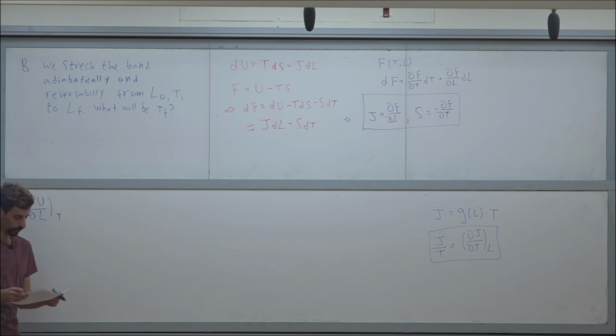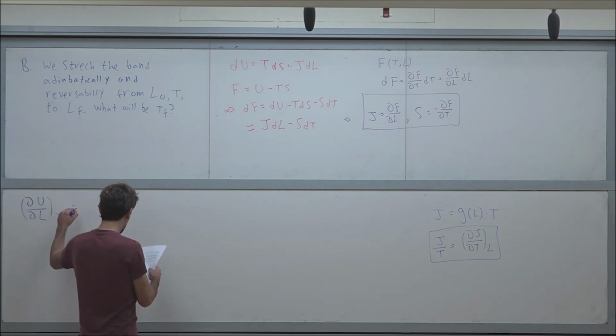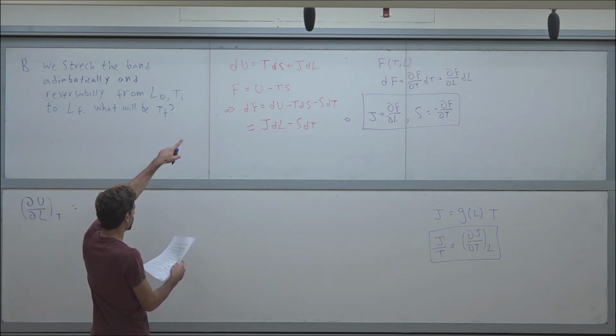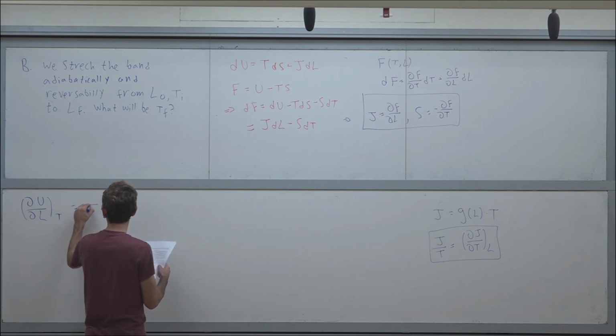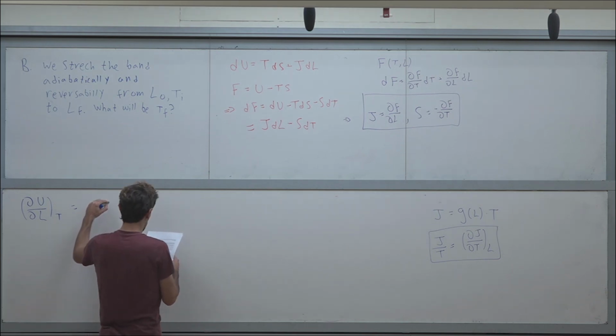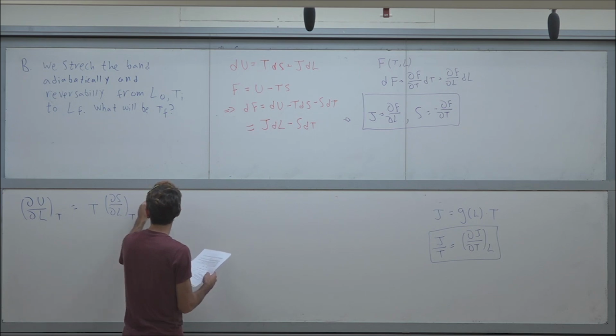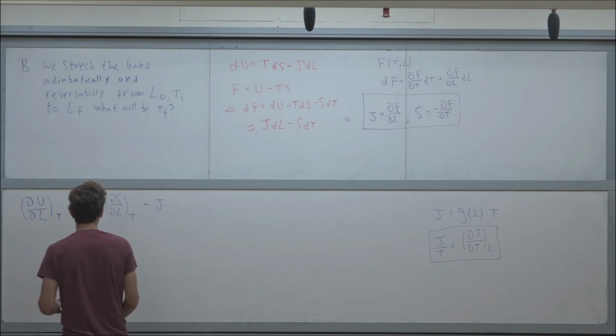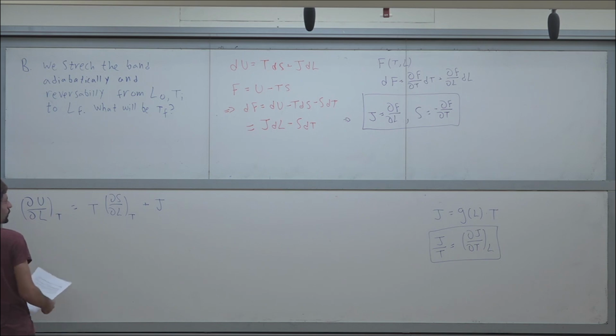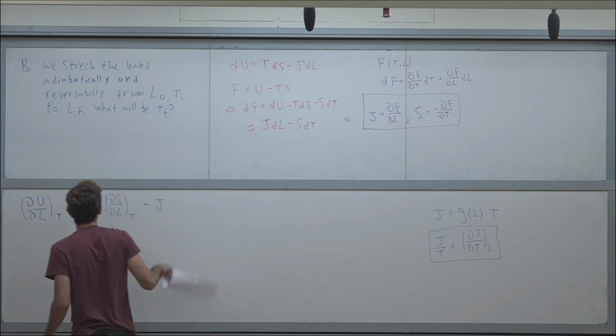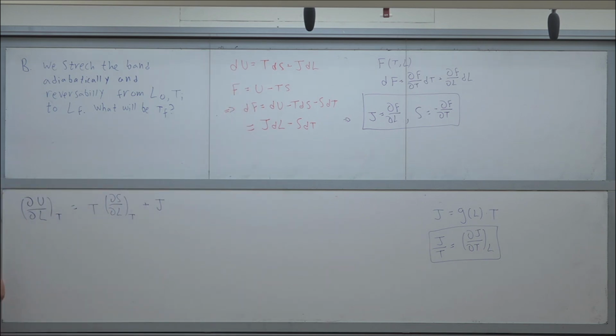So let's see ∂U/∂L. The definition of U is there, so it's T ∂S/∂L at constant T plus J. But let's check what ∂S/∂L is.